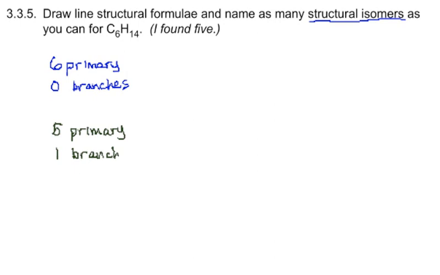Or, colors are fun, I'll keep switching colors. You could do 4 carbons in the primary, which would leave you 2 carbons to put in branches. Or, you can see the pattern here. You could go with 3 carbons in your primary, which would leave you 3 to go in branches.